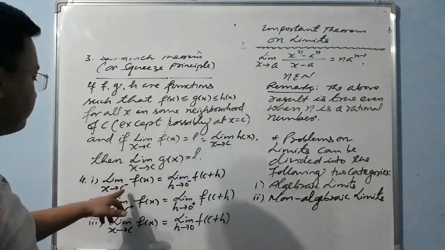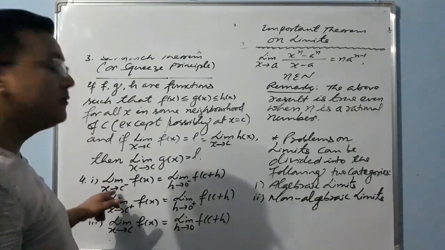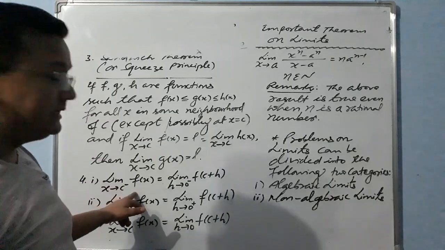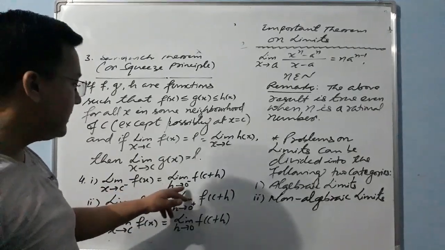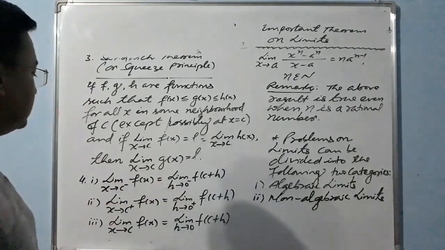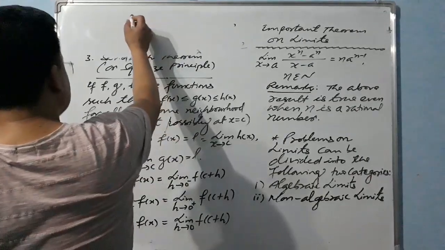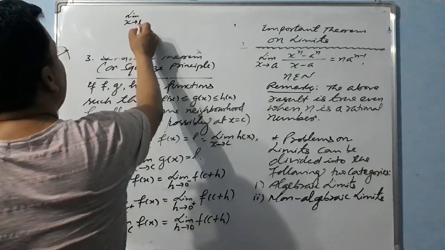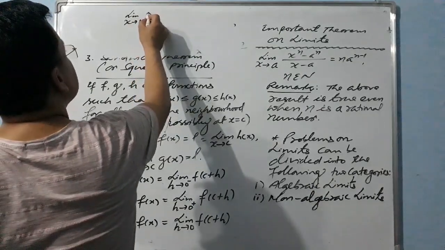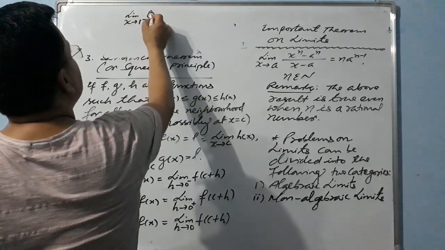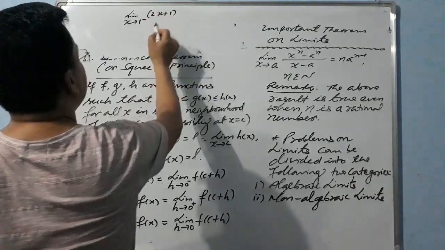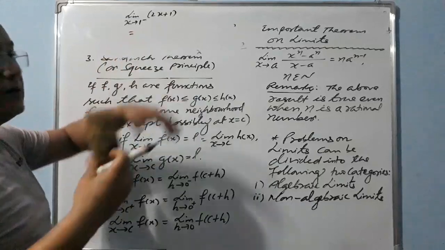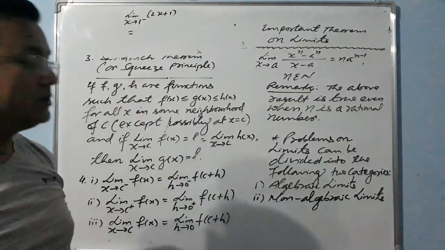It tells you that the value of x is approaching c from the left, and here h approaches 0. Suppose we have the limit as x tends to 1 negative, where instead of f of x we have 2x plus 1.